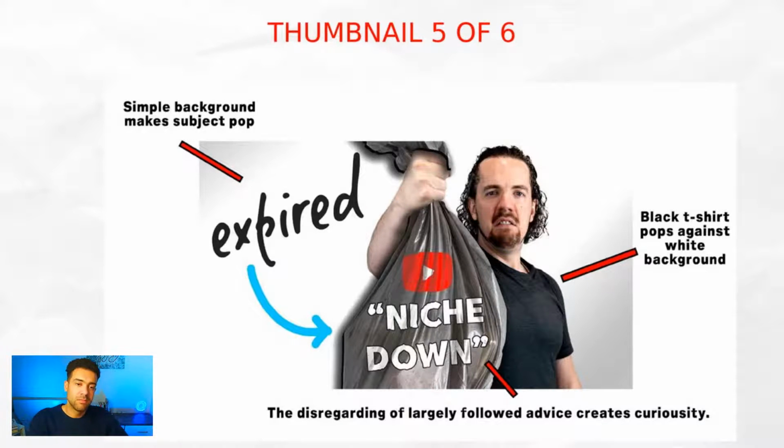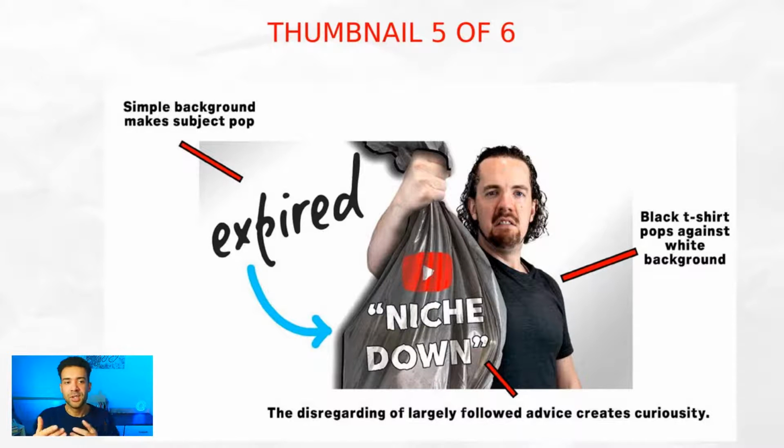So basically what he's done in this thumbnail is say that this piece of universal advice that everyone says is the right thing to do is trash. You should throw that advice out. By painting that advice on a trash bag, he's drawing in your attention because you're thinking, wait, have I been doing things wrong the whole time, and am I still being told to do things the wrong way?